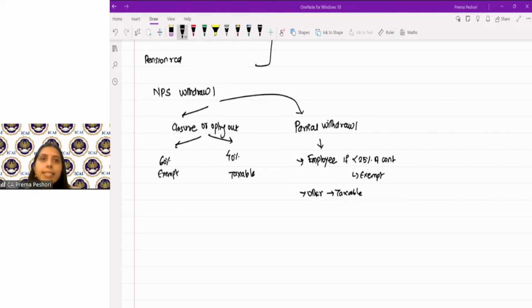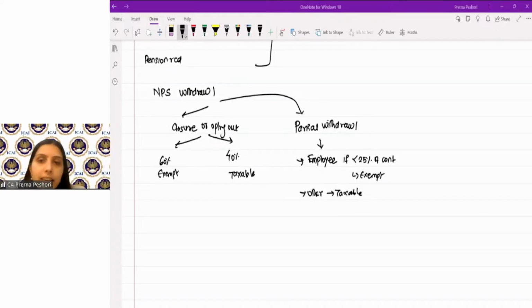Okay, so 80CCD is clear, right? Now, as I said, 80CCD(1), 80CCD(2), and 80CCD(1B), which is for the National Pension Scheme, in excess of 1,50,000.